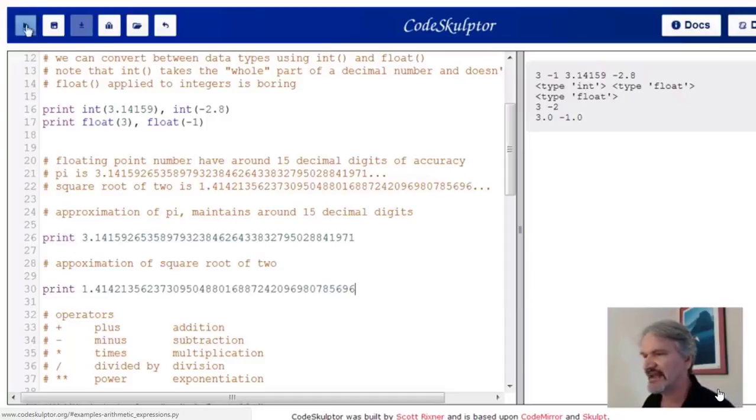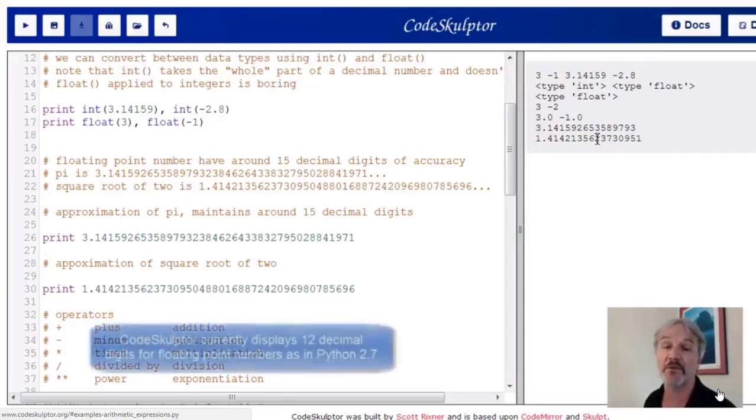I'm going to ask Python now to print these out. And when you do that, notice that I lost a lot of digits here. All these digits here got trimmed down. All these digits here got trimmed down. So what happens inside Python is they represent floating point numbers with about 15 decimal digits of accuracy. So anything beyond that gets thrown away.